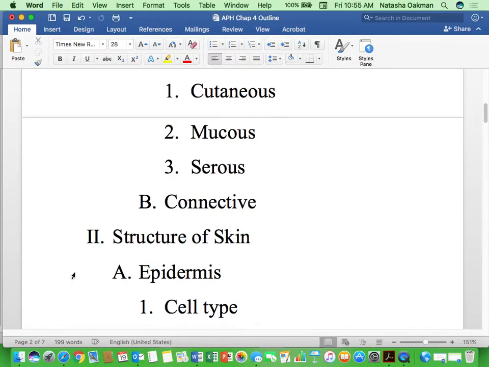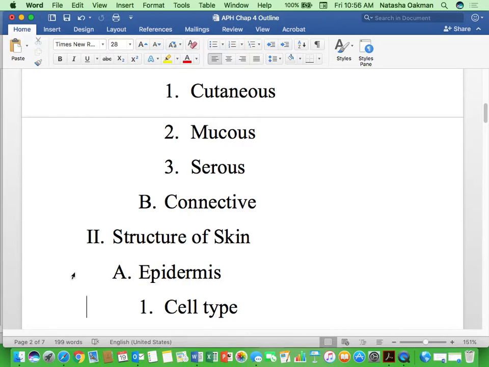So as we already stated, the epidermis is made of stratified squamous epithelium. And it is keratinized, which means it has a lot of keratin in it.